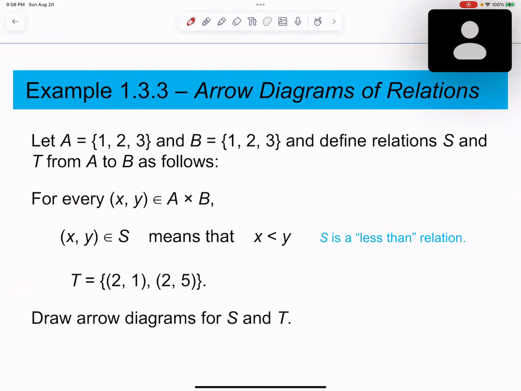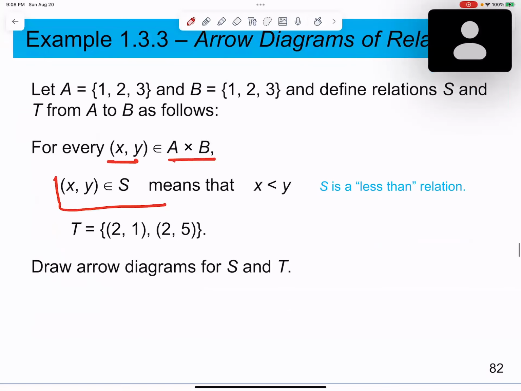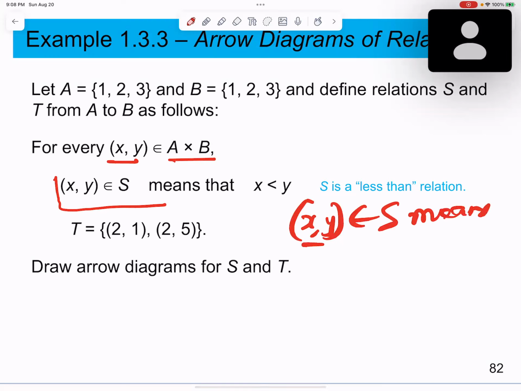Now, for every pair in S, belonging to this means that x must be less than y. Now, if you pick any relation, it means that whatever pair you have here, your x must be less than y.